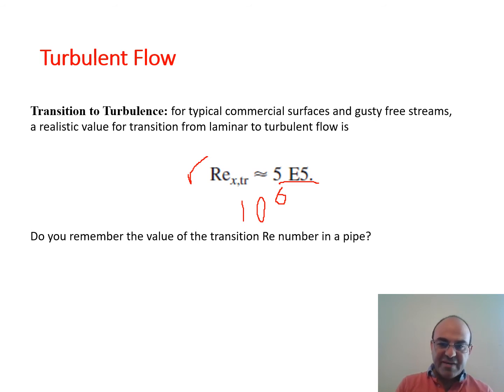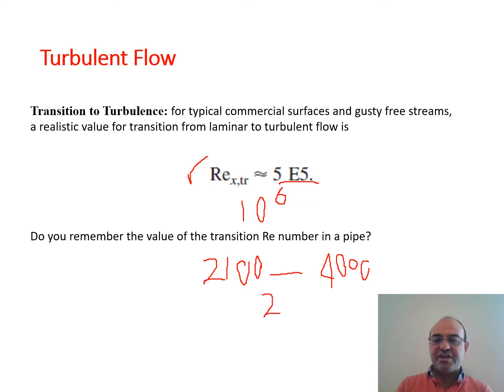Do you remember the value for the transition Reynolds number in a pipe? In a pipe, below 2100 the flow was laminar, above 4000 it was turbulent, and then we said, okay, because there is really not much information in the transition region, we say that below 2300 we consider the flow to be laminar, and above 2300 we assume that it's turbulent.